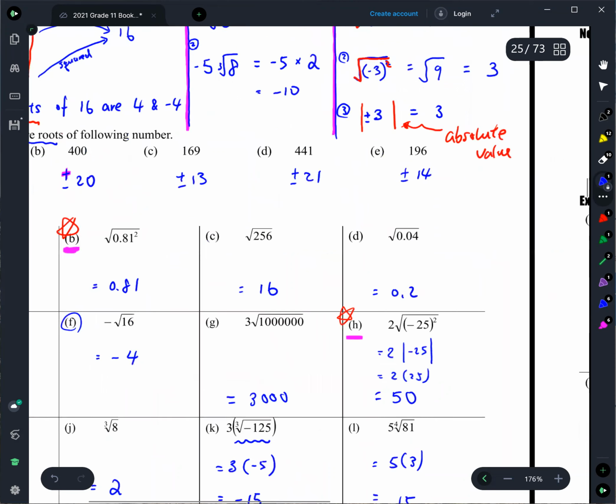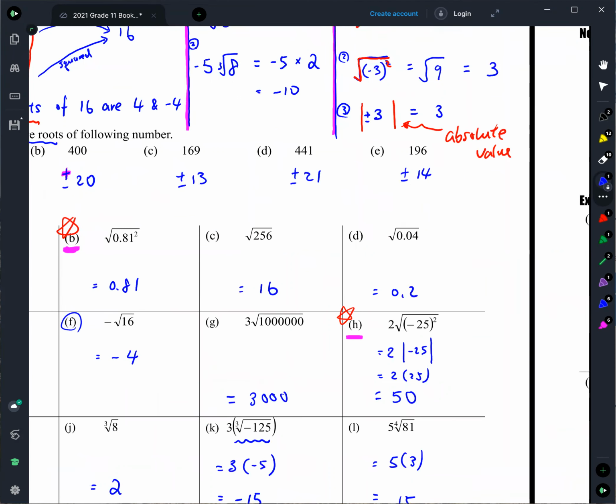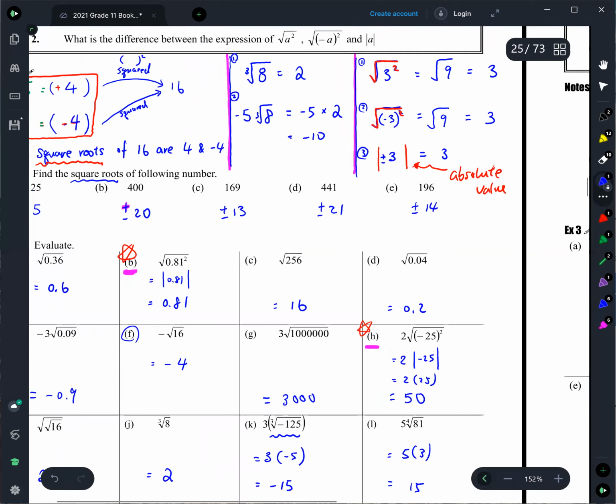This is for question H. I can change that into absolute value. For question B, same thing, I'll change that into absolute value, 0.81. Because it has to do with square root, that's why we go over this one.